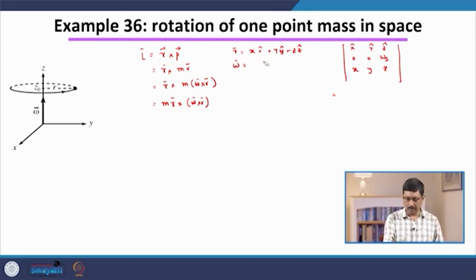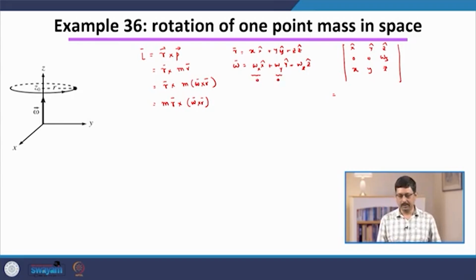So, let us assume that omega has these components, and given that this is 0 and this is 0, but we want to deliberately keep it general to get the structure correctly.